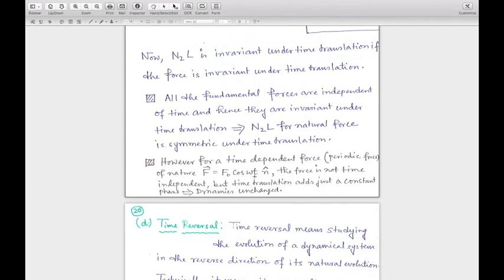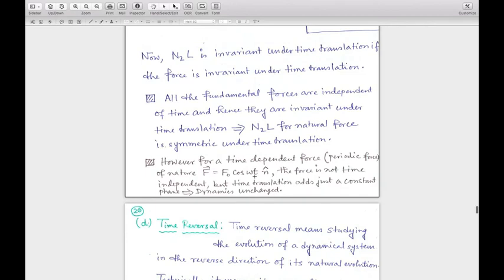But in general, if it has a more complex form of time dependence, let's say something like 1 plus t square, then t to t plus a can change the dynamics. Okay, so time translational symmetry can be broken where the force has an explicit dependence on time.